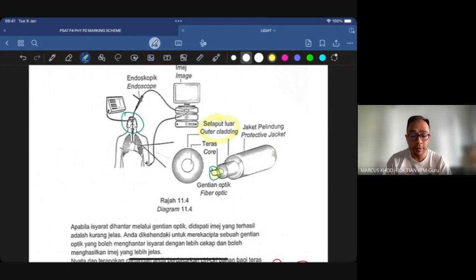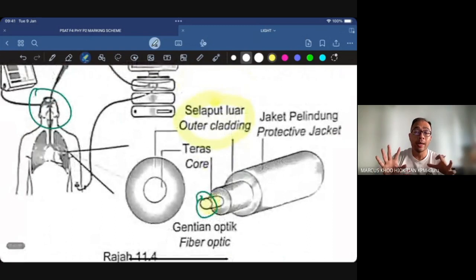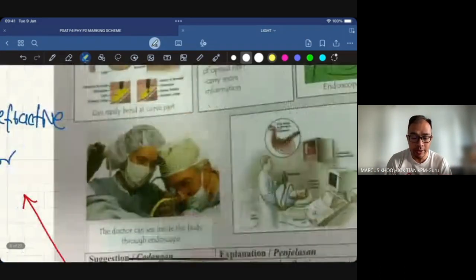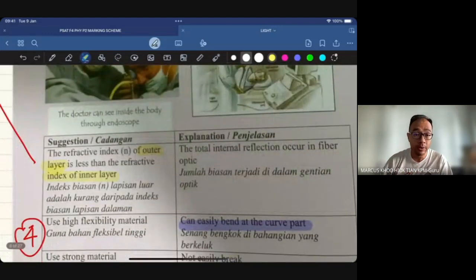Both of these have their own refractive index. The black book's answer, which I recommend you to memorize also, is that the refractive index of the outer layer is less than the refractive index of the inner layer, so that total internal reflection can occur.